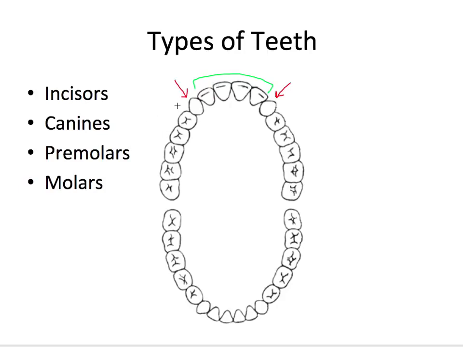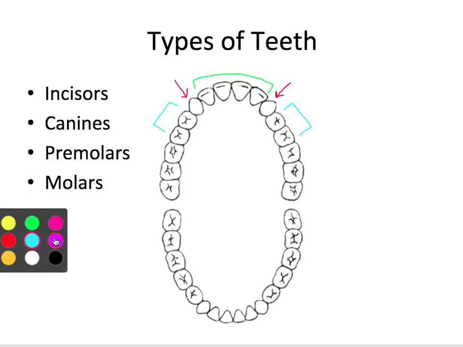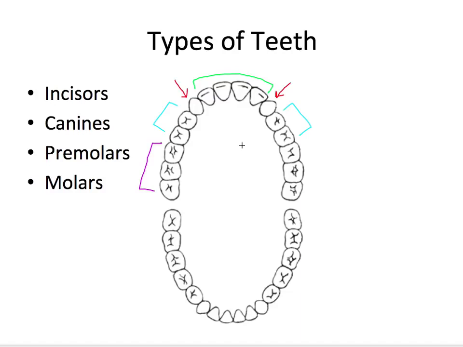Now, the premolars are the next two teeth back from the canines. The premolars are useful for also tearing and holding food, as well as grinding food. And finally, the back three teeth are referred to as the molars, the first, second, and third molars. The third molars are usually referred to as the wisdom teeth.